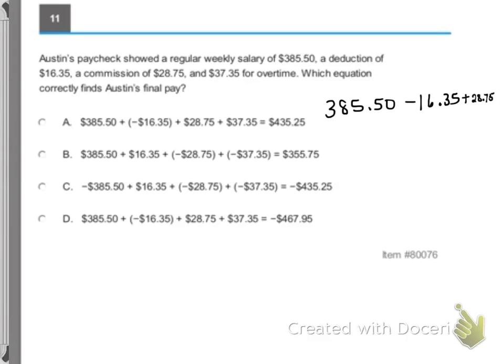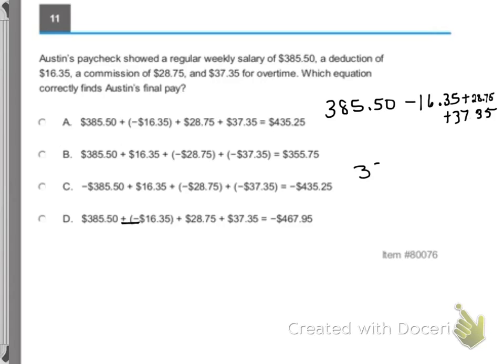If you work overtime, you're getting paid more money. So I only have this one subtraction here. So A looks like it could be correct, and so could D, because if I put negatives with positives, that's a negative. So what we need to do is just work it out.